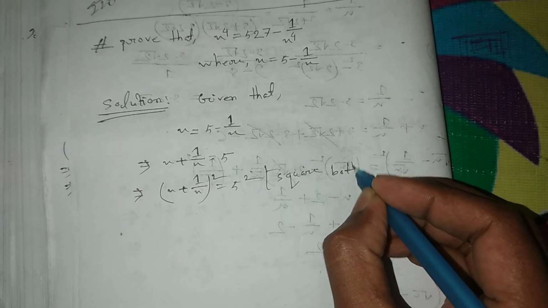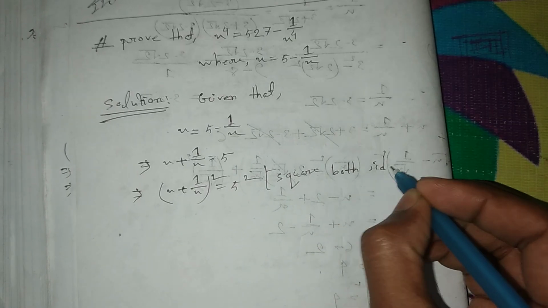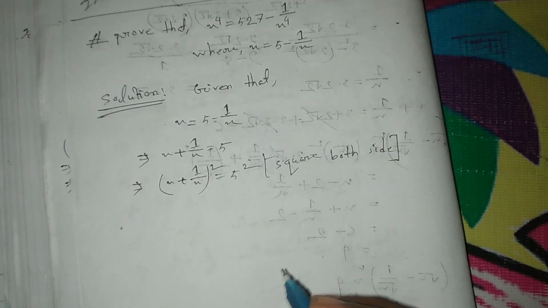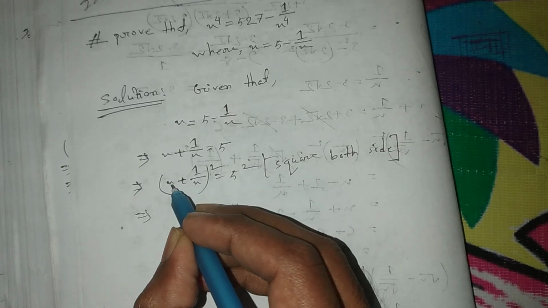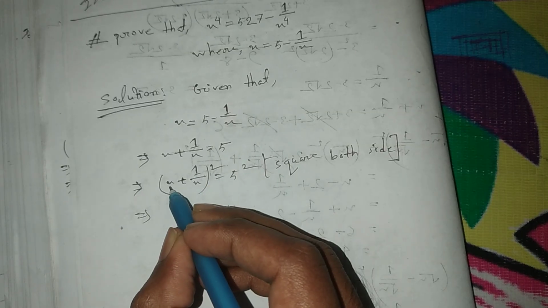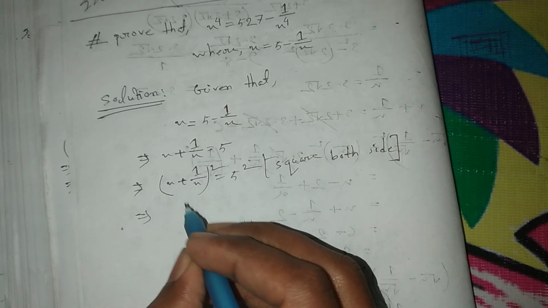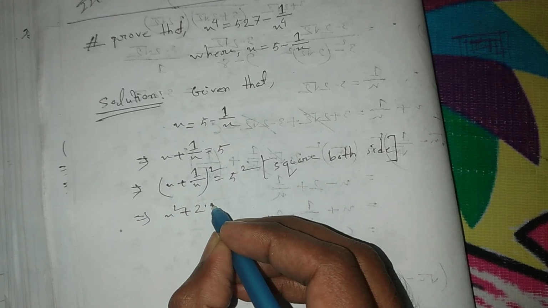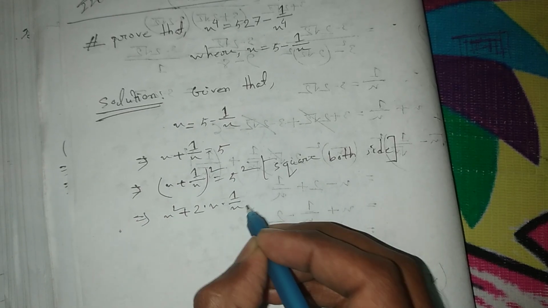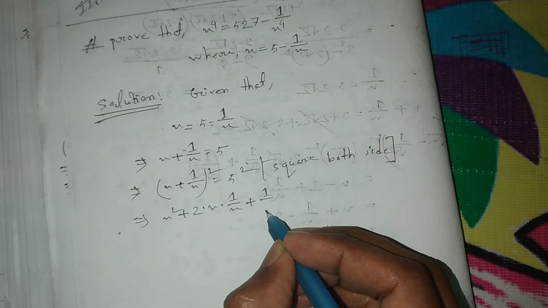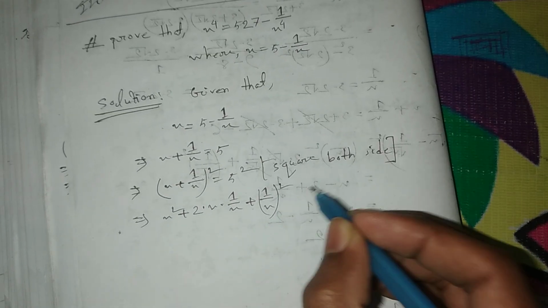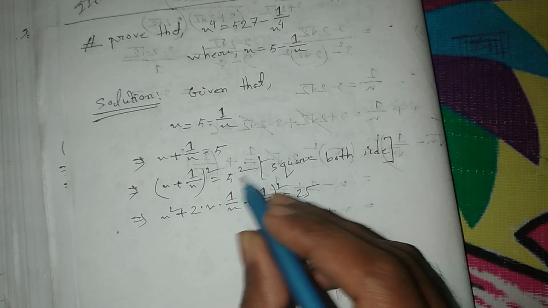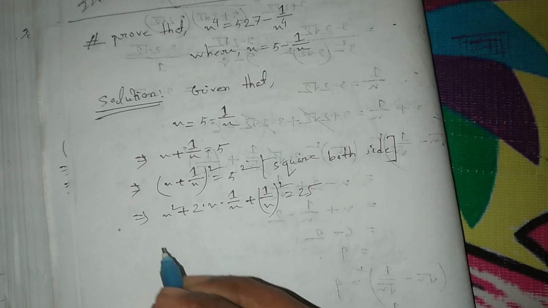A plus b whole square: a means x, b means 1 by x, so x square plus 2ab, which means 2 times x times 1 by x, plus b square, which means 1 by x square. 5 square means 25.